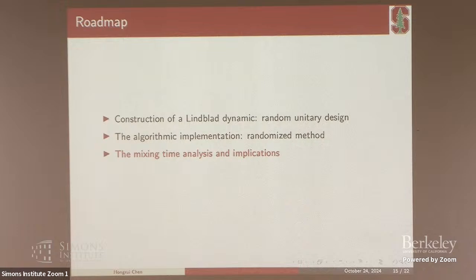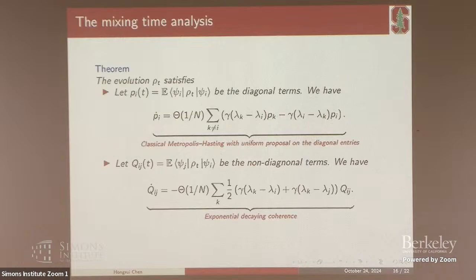So this is the algorithm implementation, and now I will turn to the most interesting part, the mixing time of the dynamic. The algorithm implementation and the mixing time will lead to some result on exponential mixing for some class of Hamiltonians.